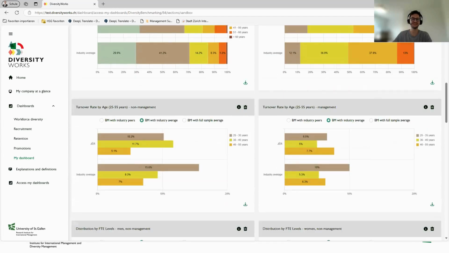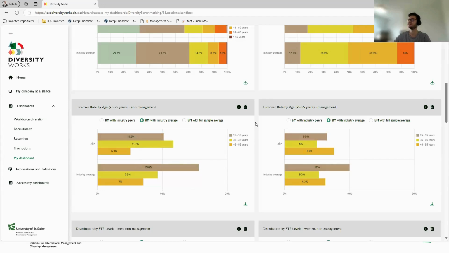For time reasons, I won't go into detail when it comes to the turnover rates, but here we see in both non-management and management positions that my young talents have a lower turnover rate than the industry average. The 25 to 35 year olds, in non-management, have a lower turnover rate than the industry average.